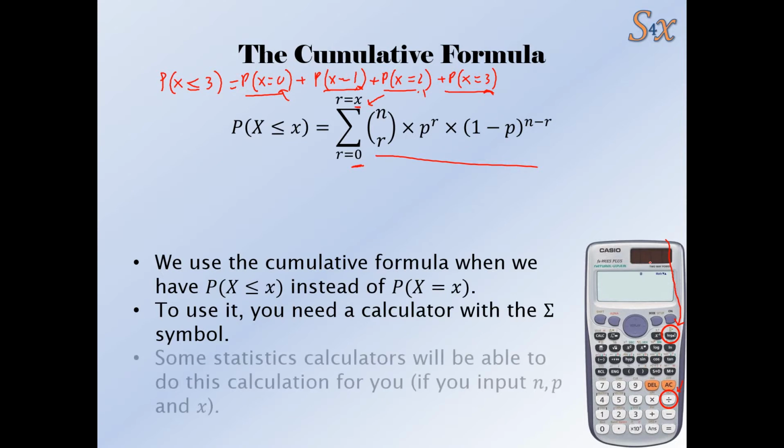If you're lucky enough to have a stats calculator, and this calculator I've got in the picture can do some stats, but it can't do this. If you have a dedicated statistics calculator, it might well be able to do this for you. You will just type in N, P, and X, and it will just do it all for you. It can be worth getting one of those.